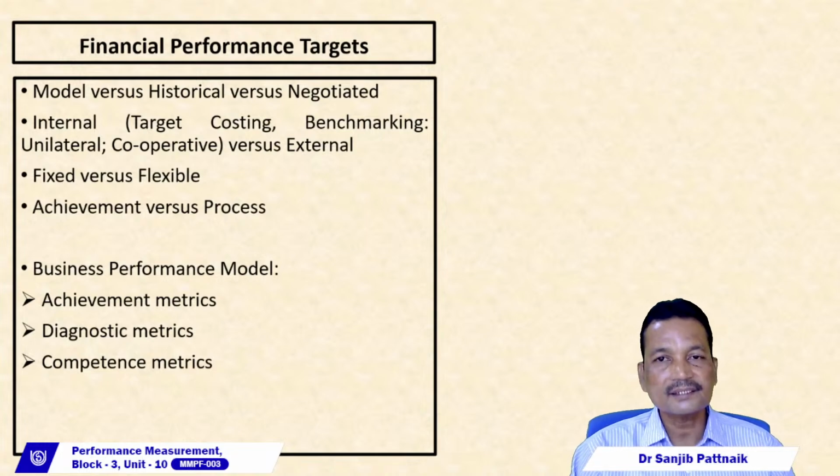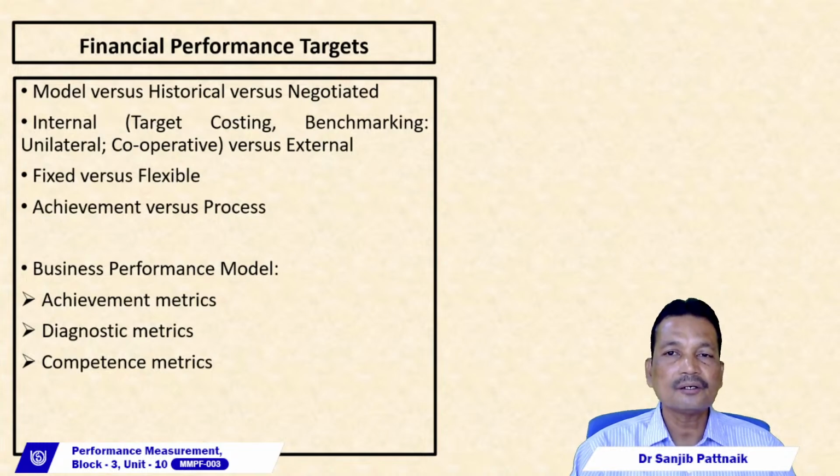Whereas the flexible performance target can be changed from time to time within the period for which it has been set up, dependent on the changing scenarios. The changing scenarios may be market conditions, may be consumer buying behaviors, may be the internal factors like cost of inputs, etc. So fixed and flexible performance targets can also be used.